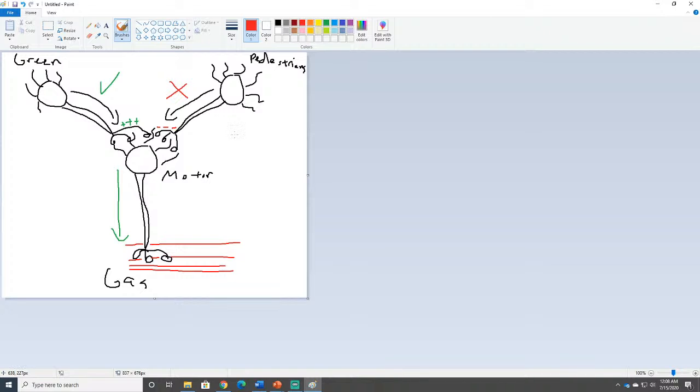All right. And so by balancing the strength of the stimulus from all of the neurons that interact with the motor neuron, we either are able to reach threshold, depolarize, and initiate an action potential, or we are not able to do that. We can block that action potential with the inhibitory neurotransmitters from the pedestrian's neuron.